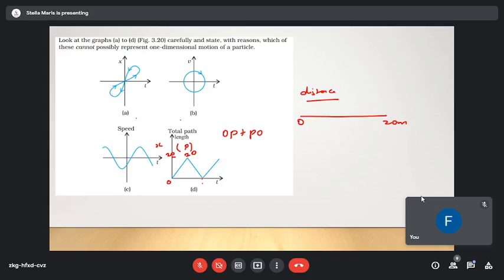And O to P. The body travels from O to P. O to P, that is 0 to 20. P to O, 20 to 0, right? And O to P again. You understand, Jayashri? Yes, sir. Okay. So what is the distance here? Total distance traveled.